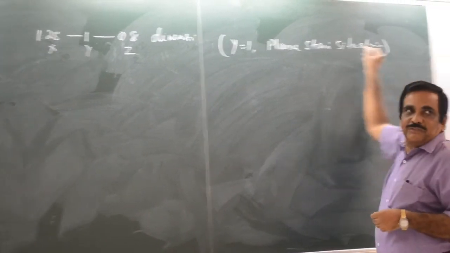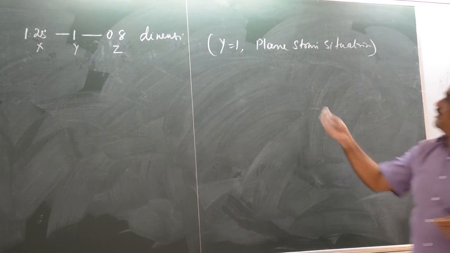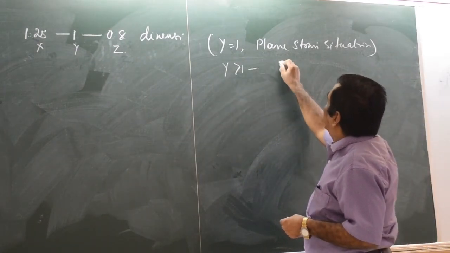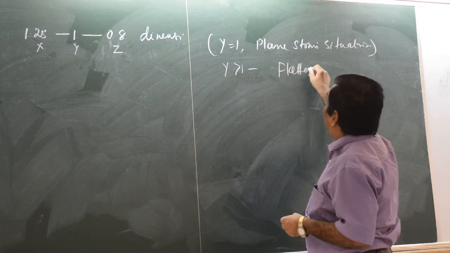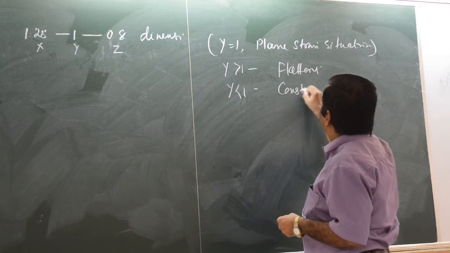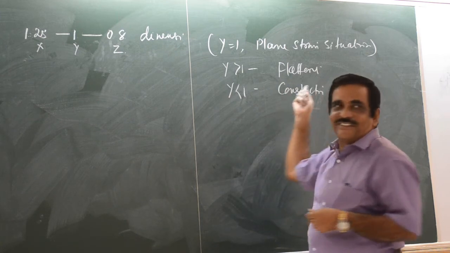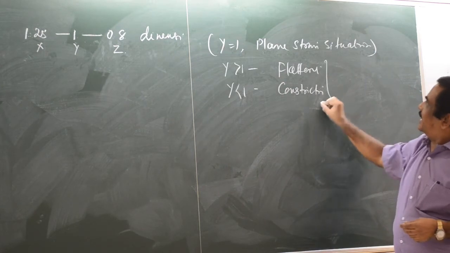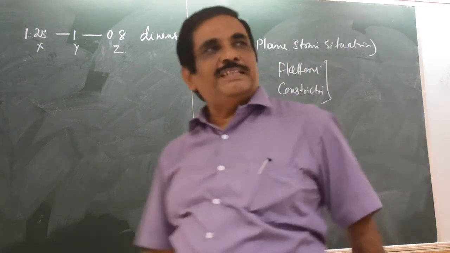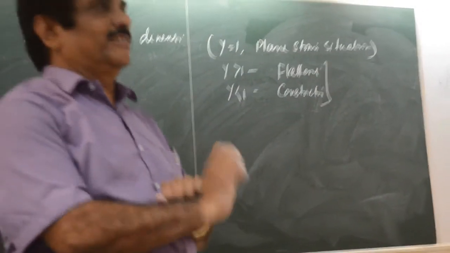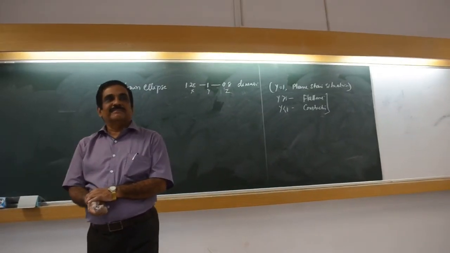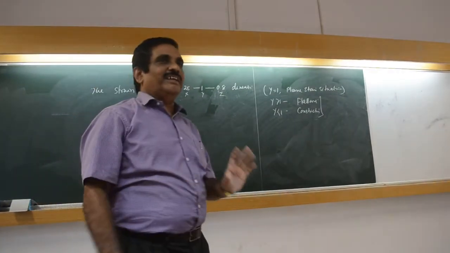If y is changing, it could be y is more than 1, it could be some flattening. We will discuss these things later. If y is less than 1, it could be constriction. These two things we will discuss later, but first let us discuss this plane strain situation. Plane strain you understood, no? Y is equal to 1. Constriction. Now it is clear, no? No problem, no?